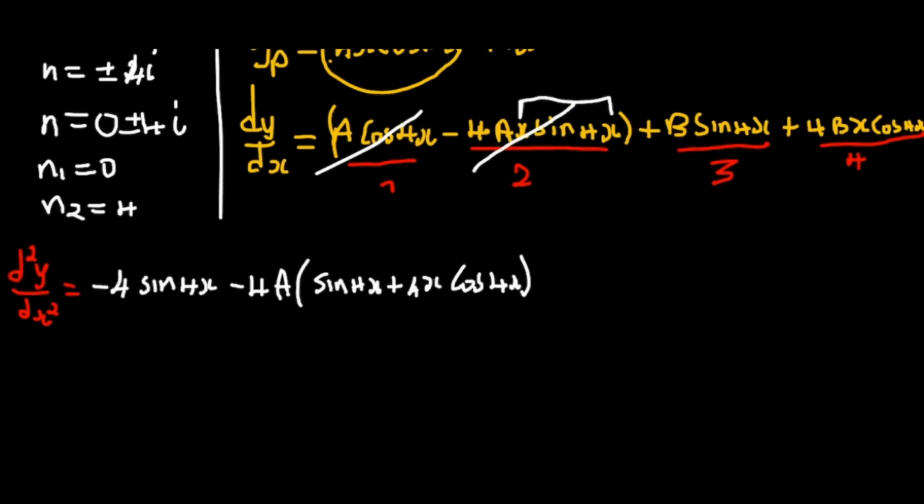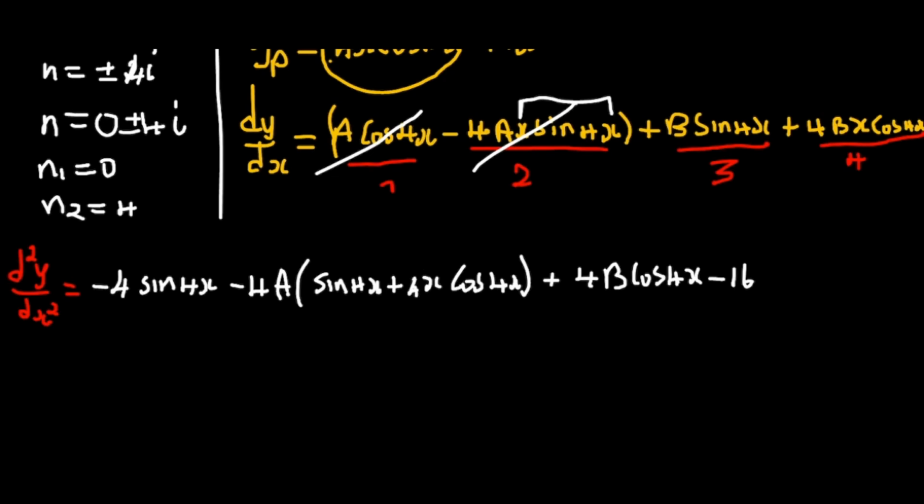We are also done with this, and moving on to the third term, the derivative of this will simply be plus 4b cos 4x. And finally here, the derivative of cos is minus sine, so differentiating this and keeping the others constant, it will be minus 16.